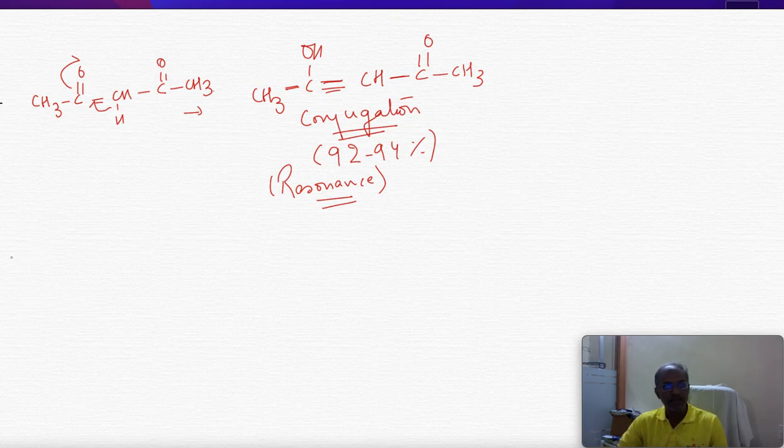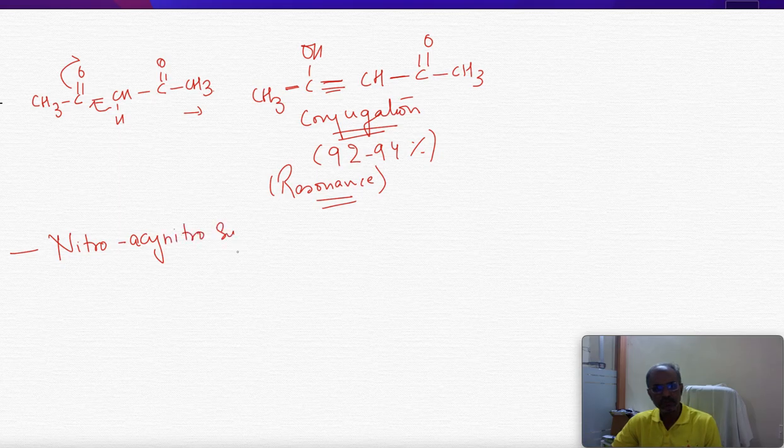Now, after the triad system, the third type of tautomerism is known as the nitro and acinitro system. Okay? Now, what do you mean by nitro?